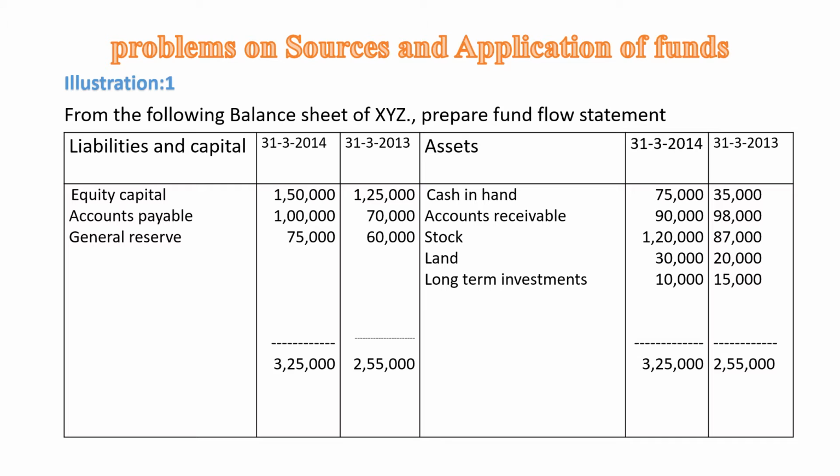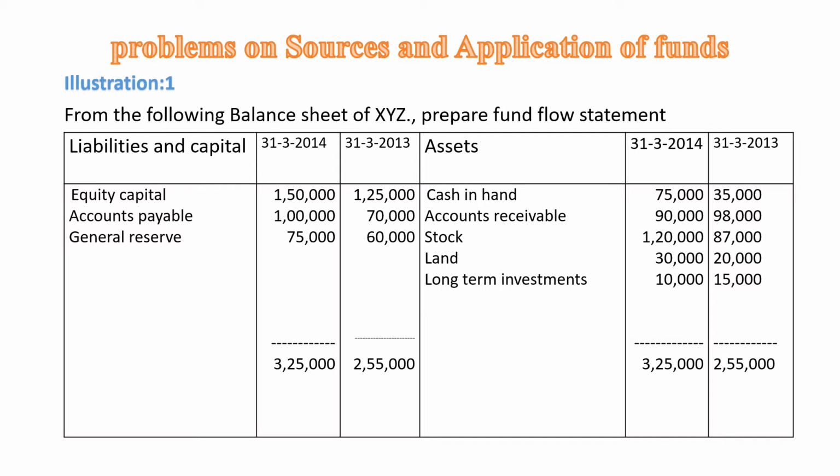First problem: from the following balance sheet of XYZ Limited, prepare fund flow statement. Liabilities and capital, 31st March 2014, 31st March 2013. Assets, 31st March 2014, 31st March 2013.